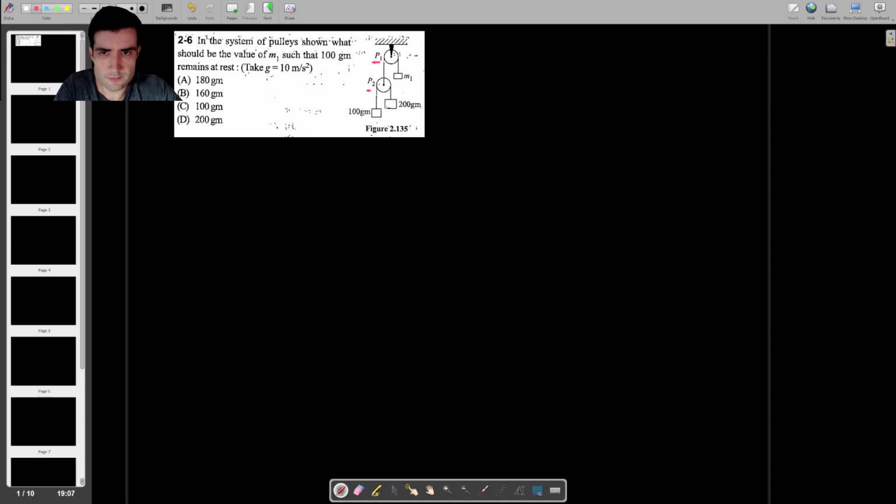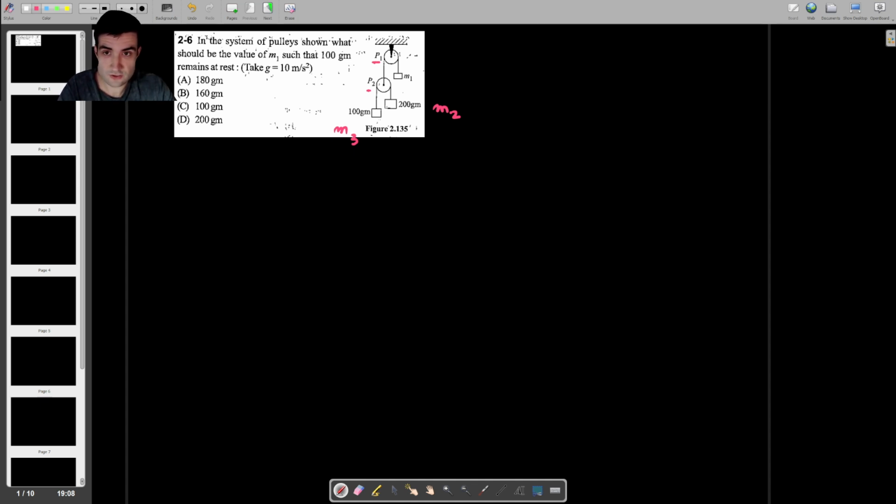And we're going to label them as well, because I don't usually like to work with numbers. I'll just use symbols. So this is going to be M2 and this is going to be M3, because M1 is taken. And other than that, I think we can start drawing the free body diagrams of each object.